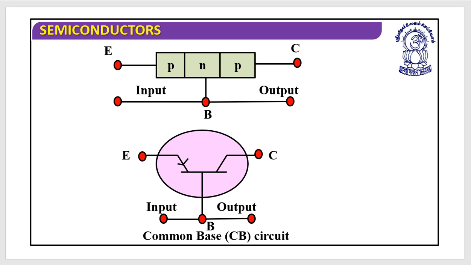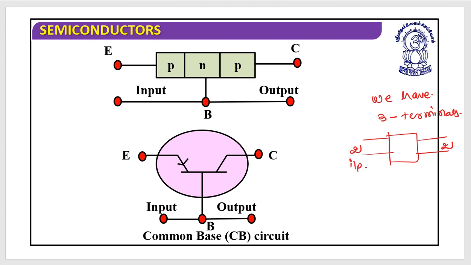Let's have a look. Basically the requirement is, in a transistor we have three terminals, and to provide anything as an input, at least two terminals are required on the input side, and at least two terminals are required on the output side.